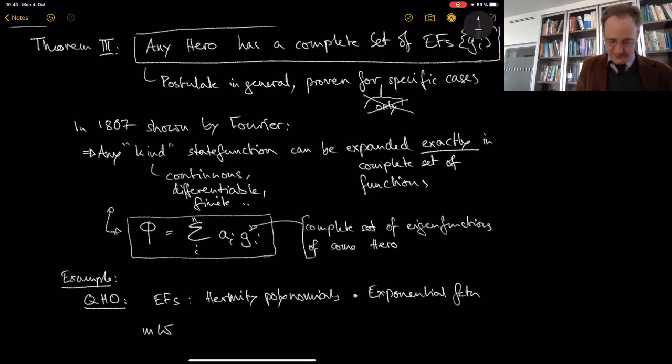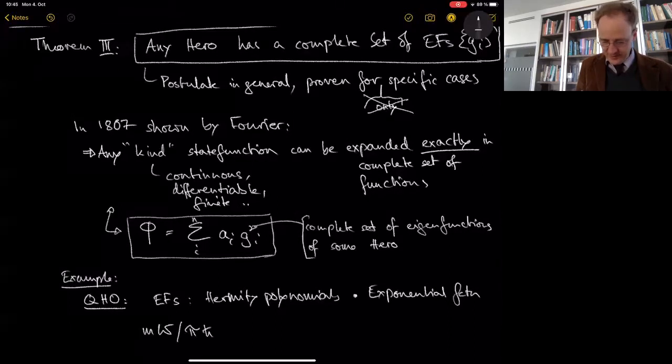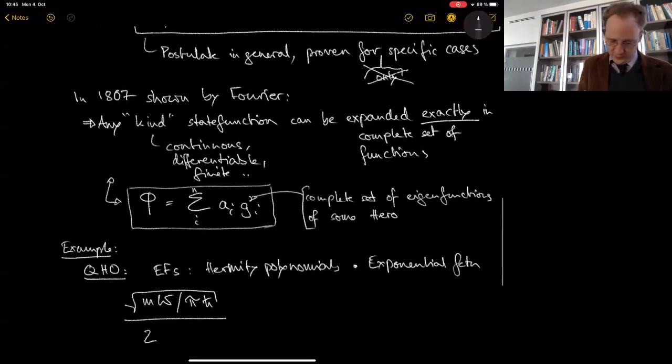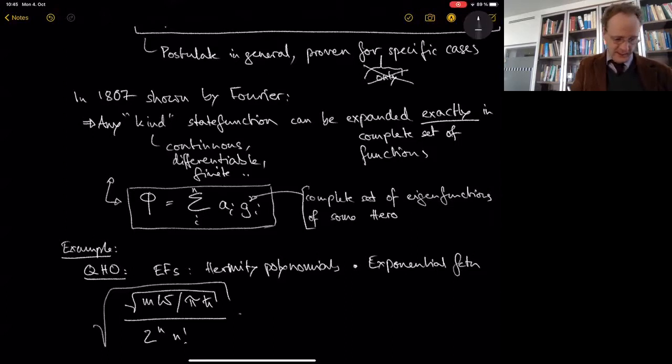Okay, so it looks like this: you have the mass, the oscillator strength, pi h bar, square root over 2 to the n factorial, square root, times, so there's a prefactor, m omega x squared.